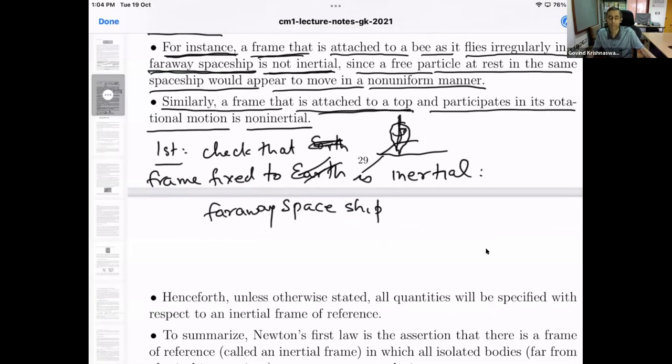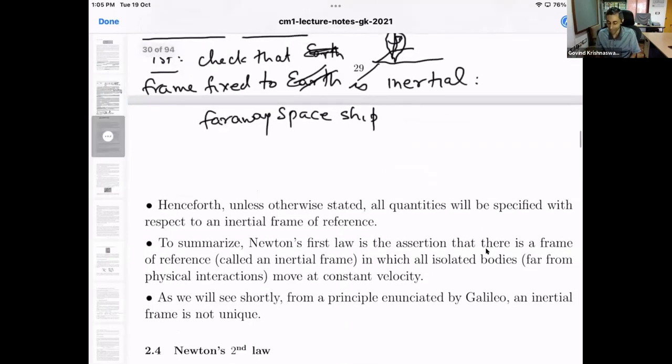Now, for a frame to be inertial, it's not enough that one particle that you pick, which is free, happens to lie along a straight line trajectory. Every particle must have that property. So you picked a particle that happened to be on the axis of the top and therefore looked as though it is at rest. But I will pick a particle that is not on the axis of the top and it won't look like it is at rest. So that brings me to my summary.